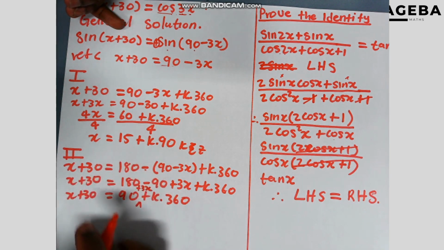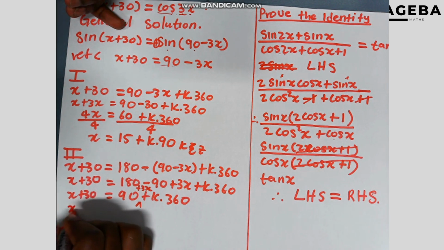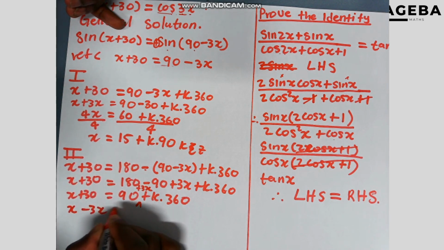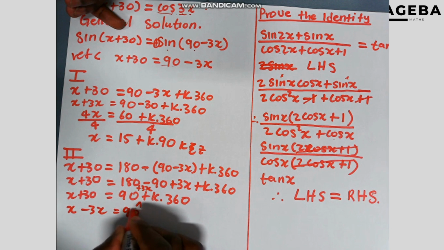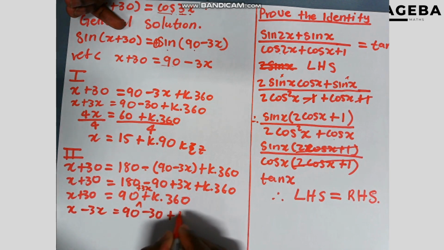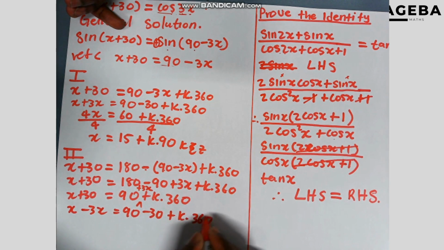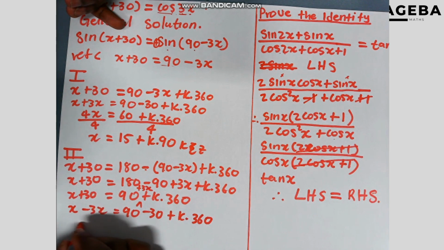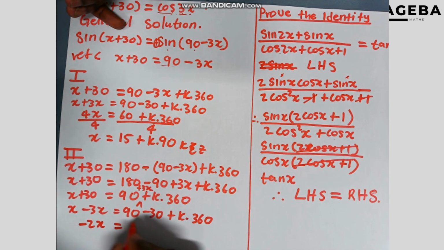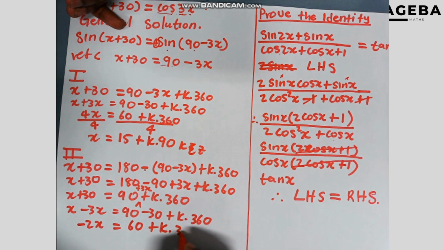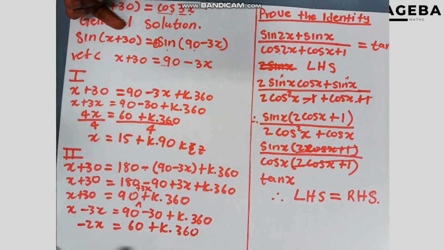Taking this 3x to the other side, taking the 30 to the other side, I get x minus 3x is equal to 90 minus 30, and then plus k times 360. Here I'm going to have minus 2x, and then 90 minus 30 is 60, plus k times 360.